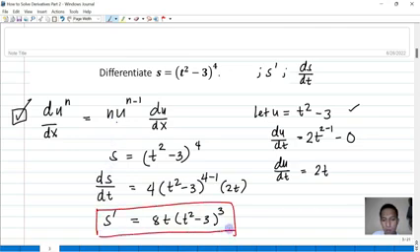So that's how you get the derivative. So follow lang natin, guys, yung ating power formula. You might use substitution if medyo nako-confuse pa kayo sa formula. But if you practice more, you don't have to do this step here.